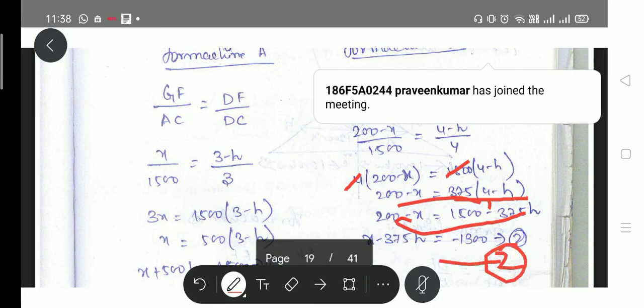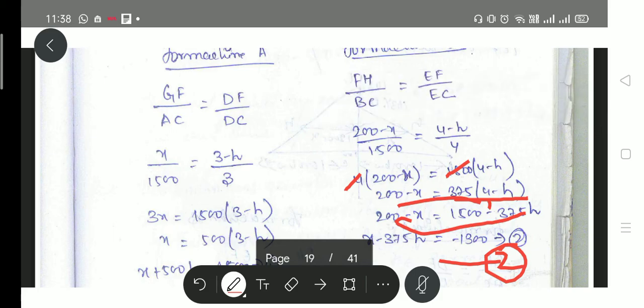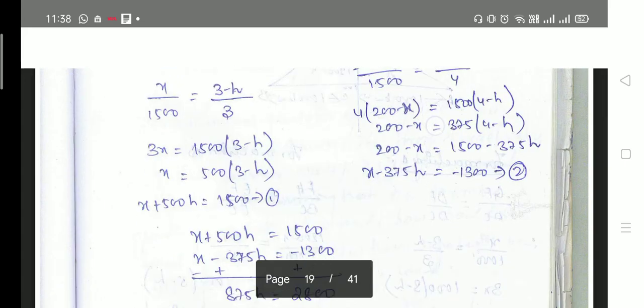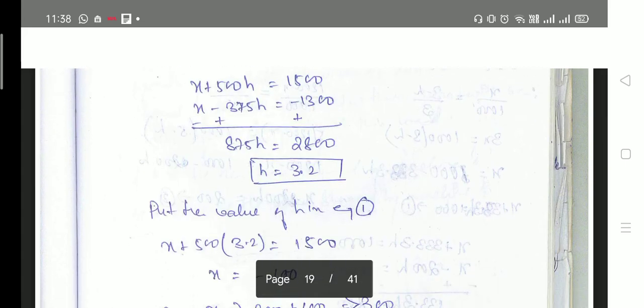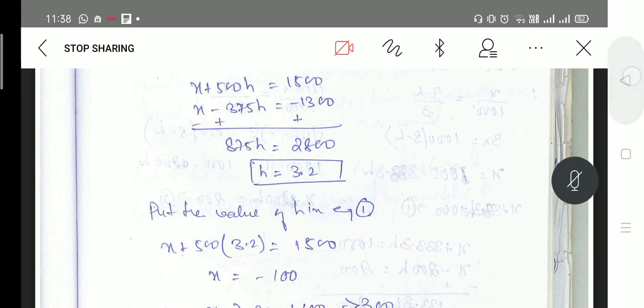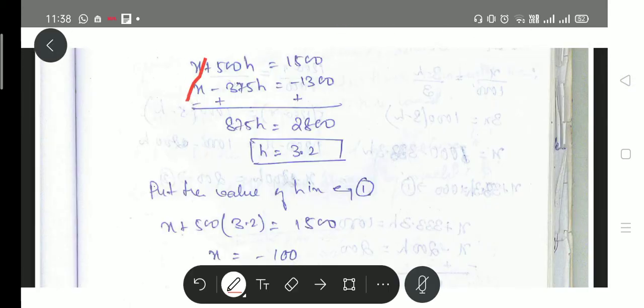From these two equations we can calculate the h value. So I am subtracting, the x in both are cancelled here, then we will get 875h is equal to 2800. From this, the h value you will get is 3.2.